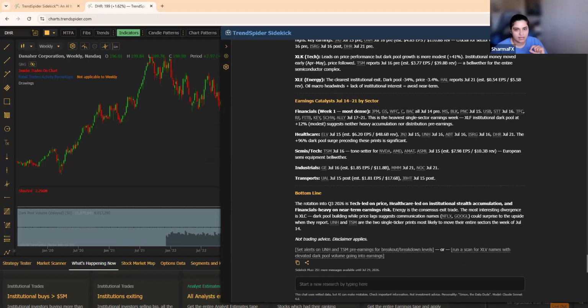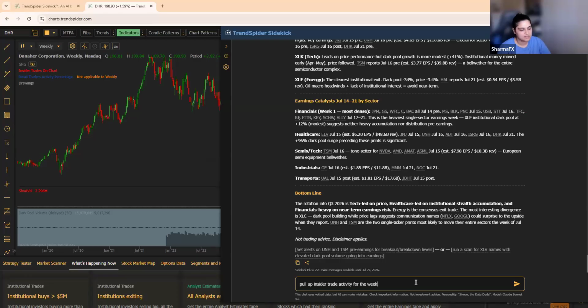Okay, so the next thing after this is I wanted to look at what's happening in terms of insider trades. Like I said, insider trades tend to be a little bit more confusing for the retail side, but what I'm going to say is pull up insider trade activity for the week.